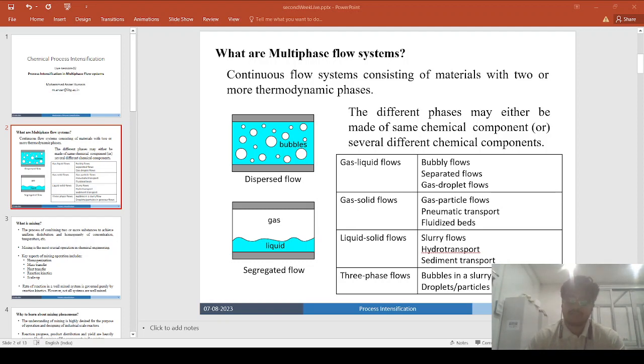Now the solids are suspended in the gaseous phase. For such processes, there are broadly physical processes where no chemical reaction is happening. A few examples are drying of particles.